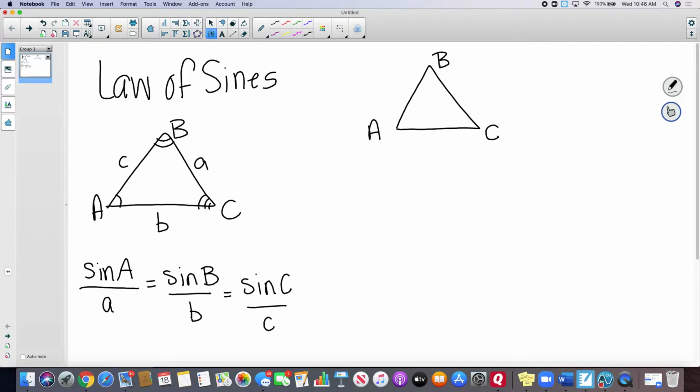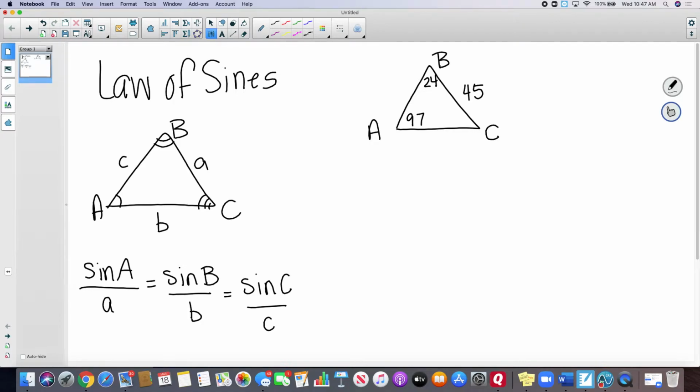If I gave you this triangle, we're going to say that angle B is 24 degrees, angle A is 97 degrees, and side a is 45.